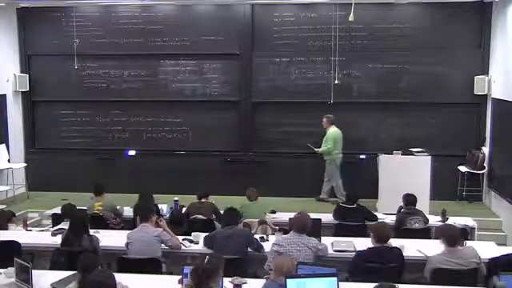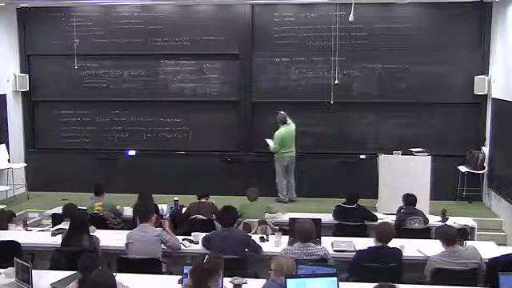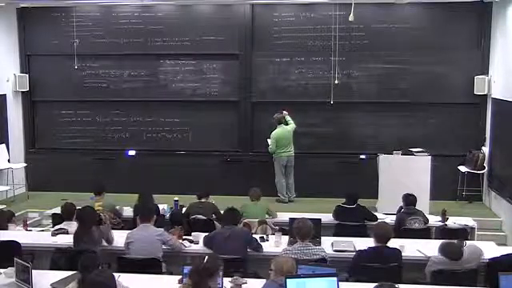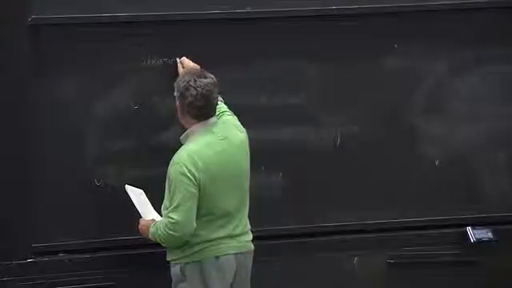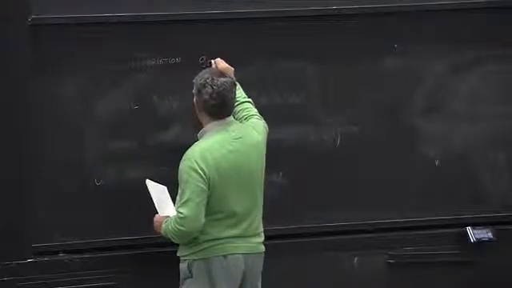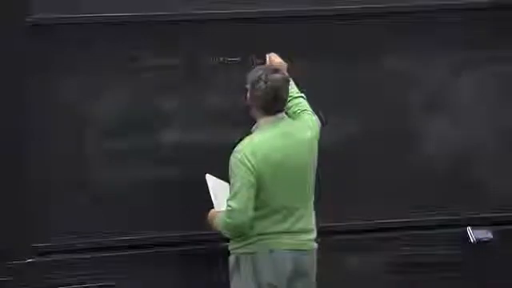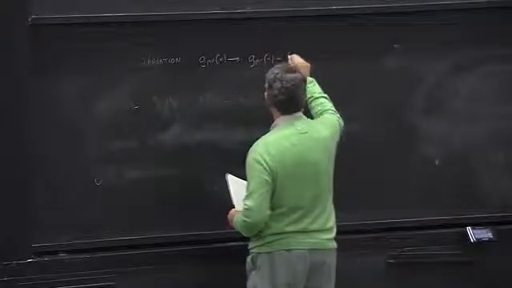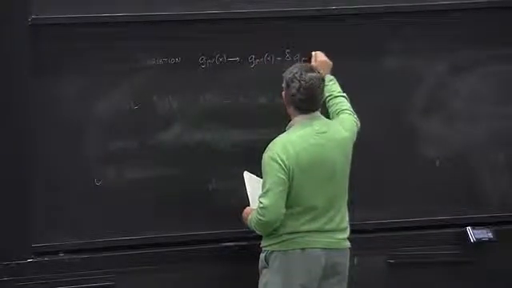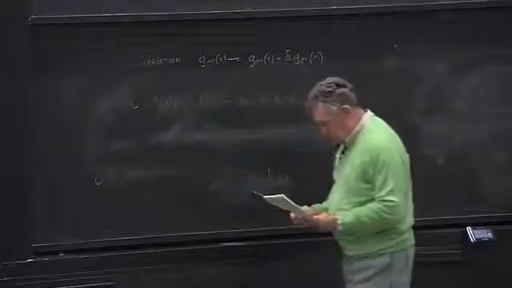So what we're going to do is an infinitesimal variation by an amount delta G mu nu.